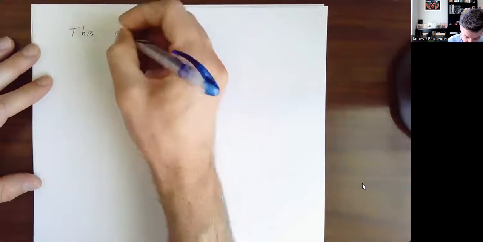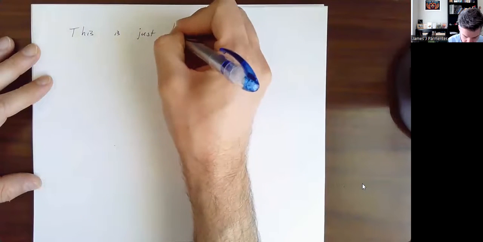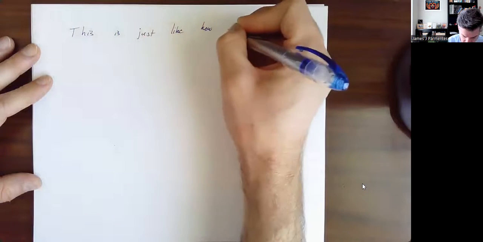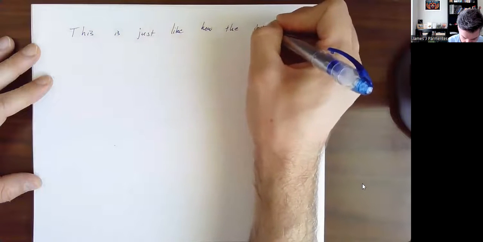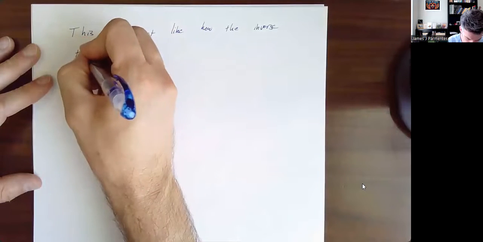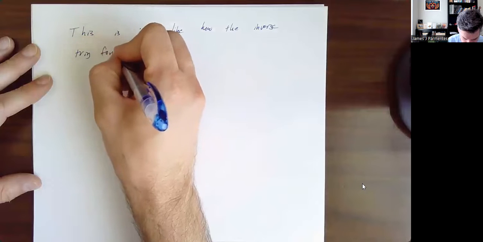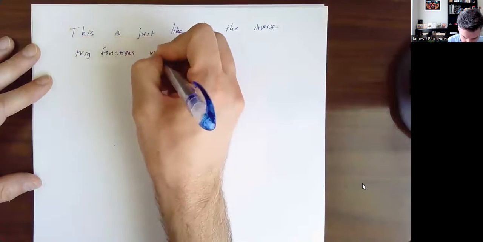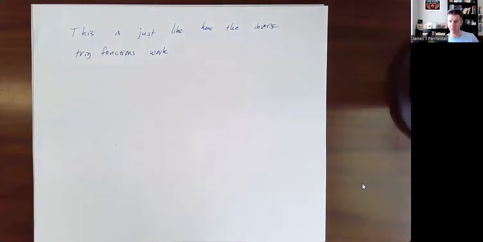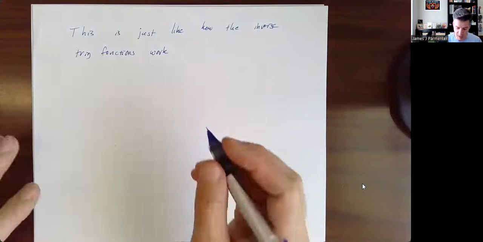This is just like how the inverse trig functions work. I will say it's actually a little bit easier than inverse trig functions, because inverse trig functions have some weird domain restrictions, whereas logarithmic and exponential functions don't have any weird domain restrictions.